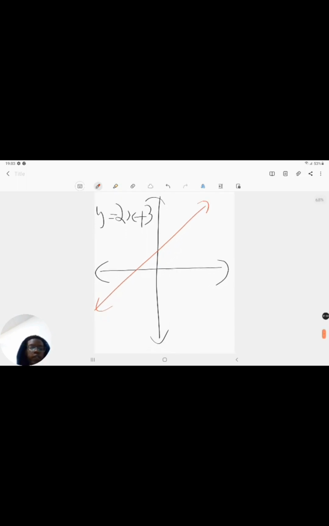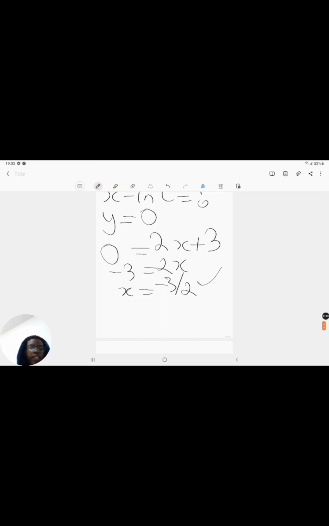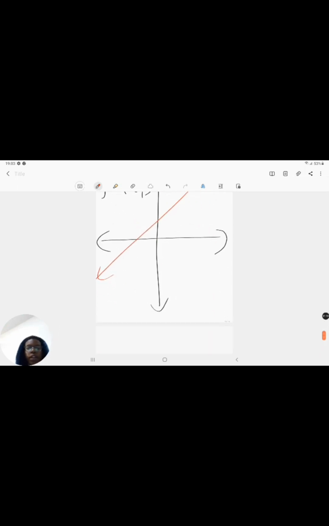We just found that our x is minus 3 over 2, which is minus 1.5. That value there is minus 3 over 2, right? Because this is your x-intercept for this equation. Why? Because that's the point on your x-axis where your graph cuts through when y is equal to 0, right? That's your x-intercept. Okay, that's all that it is.